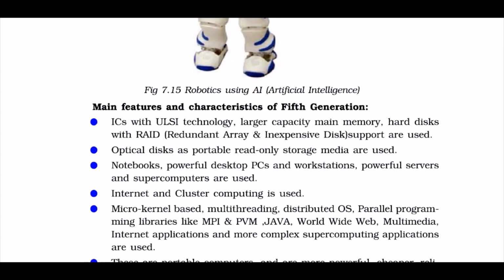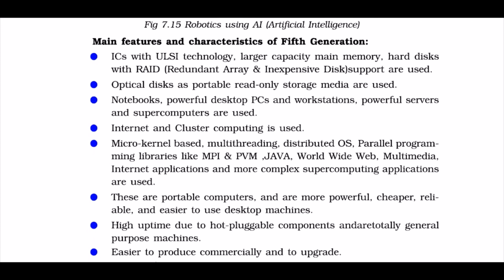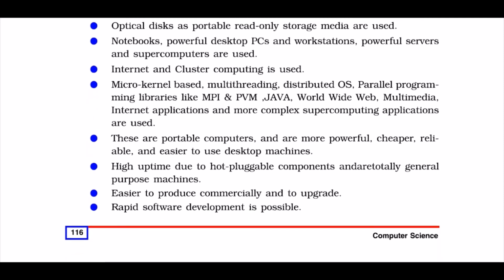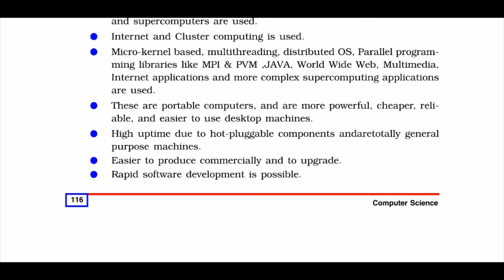Features: ULSI technology ICs, optical discs and CDs were used, notebooks and PCs were more powerful, and internet and cluster computing is used. Microkernel-based multi-threading, they were portable, with high uptime due to hot pluggable components.